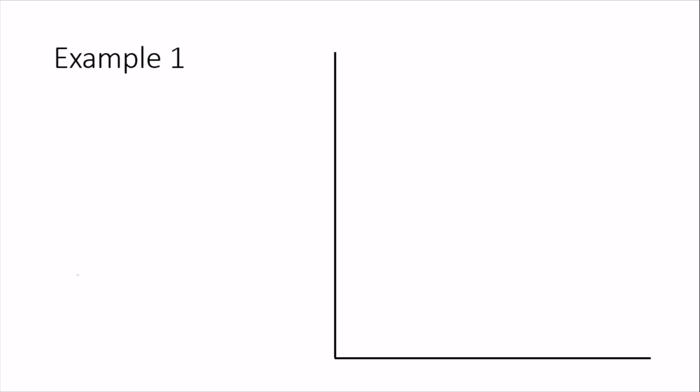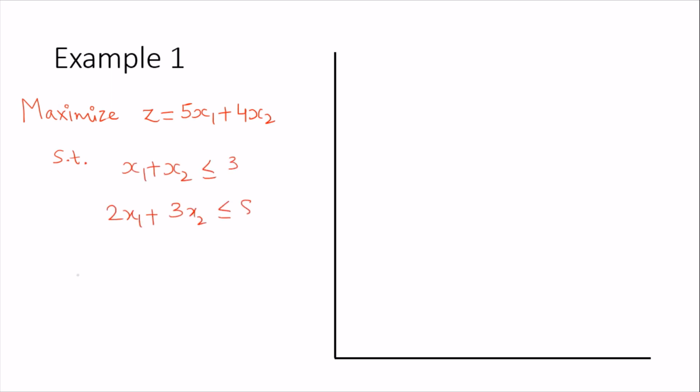The first example I have taken is a maximization problem in which I am maximizing 5x1 plus 4x2. These are the constraints given to me, and the non-negativity restrictions. The first thing to do is draw the feasible region, and to draw it I first have to draw the constraints.